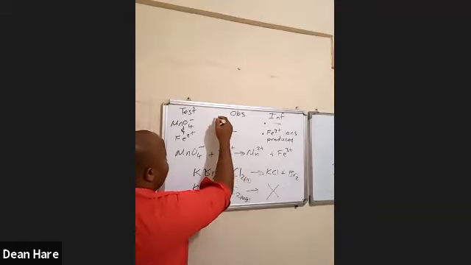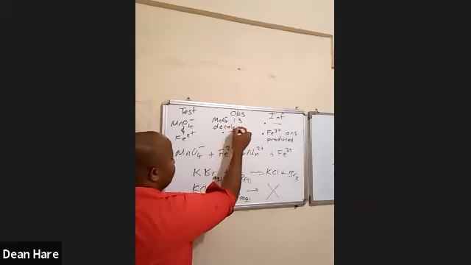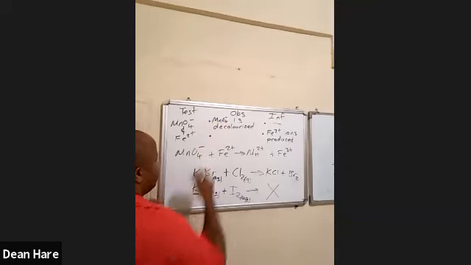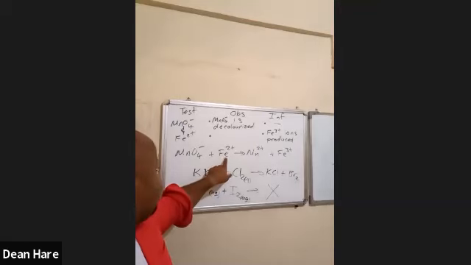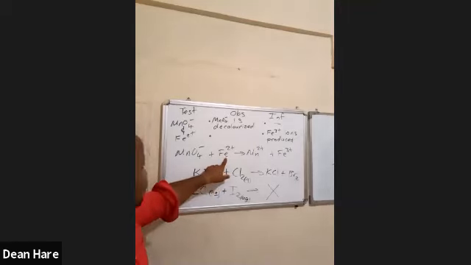So MnO4 minus is decolorized. That is the first observation. Now, this is Fe2 plus. What is the color of this? Green.